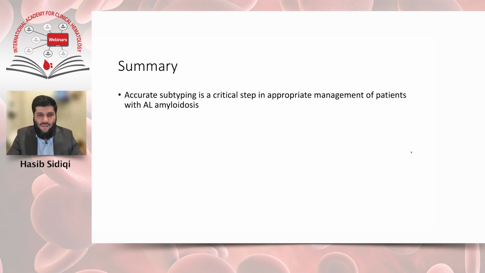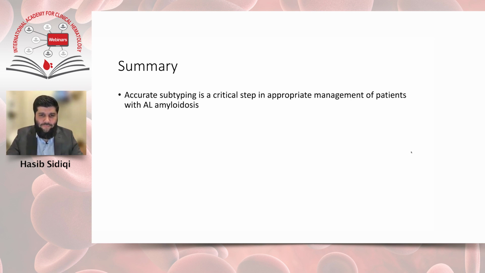This is particularly relevant in older males who have traditionally had heart failure with preserved ejection fraction, but the increasing recognition of wild-type TTR amyloid in this cohort also raises the possibility of light chain amyloidosis, because often it is this same cohort of patients that have a monoclonal gammopathy. And this is where subtyping becomes critical. It's a critical step in diagnosing these patients appropriately.